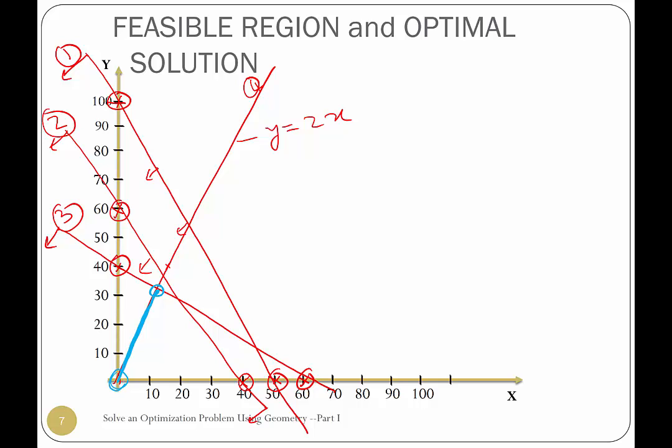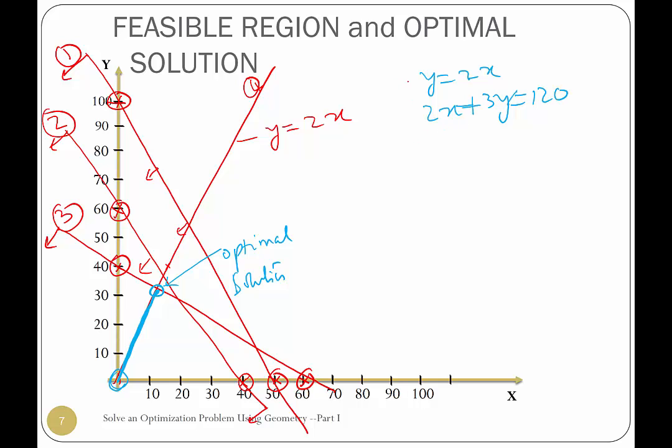We know the origin will lead to 0 profit. So the optimal solution is going to be this. Right? So now we have to solve these 2 equations: y equal to 2x, and the 3rd constraint is 2x plus 3y equal to 120.